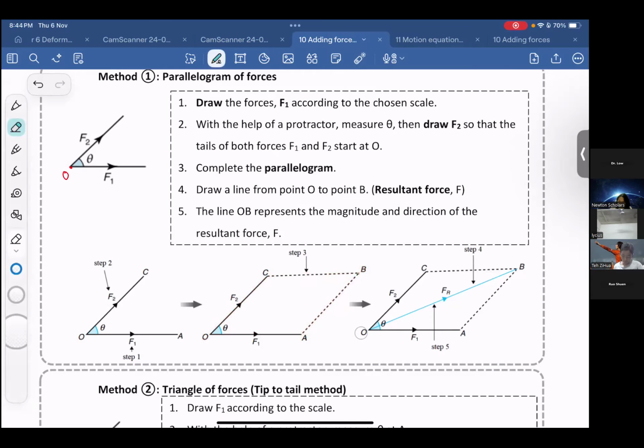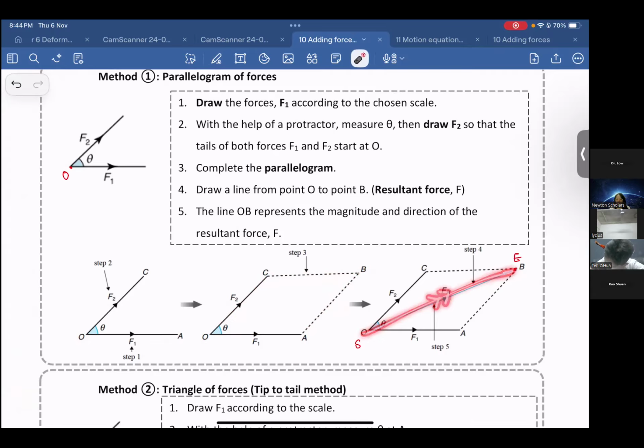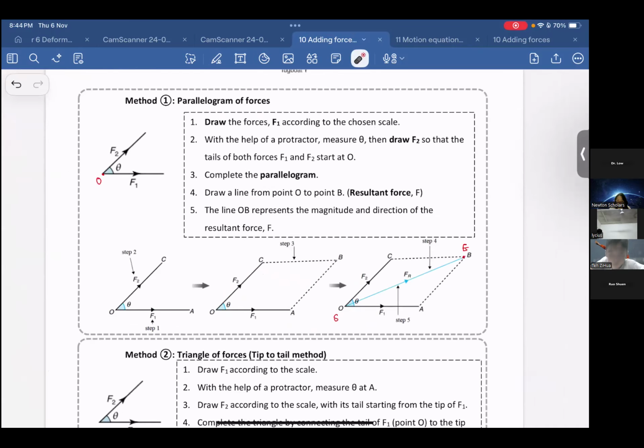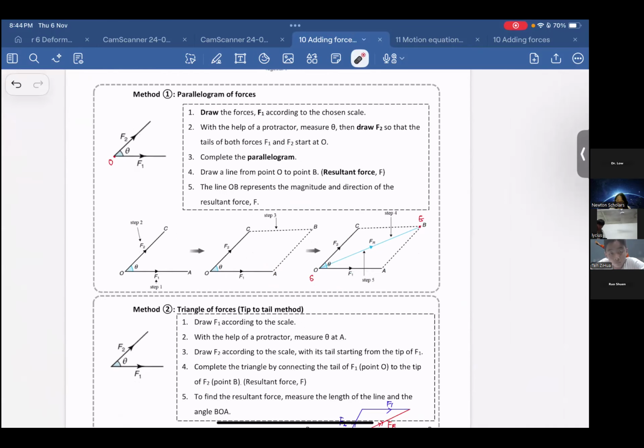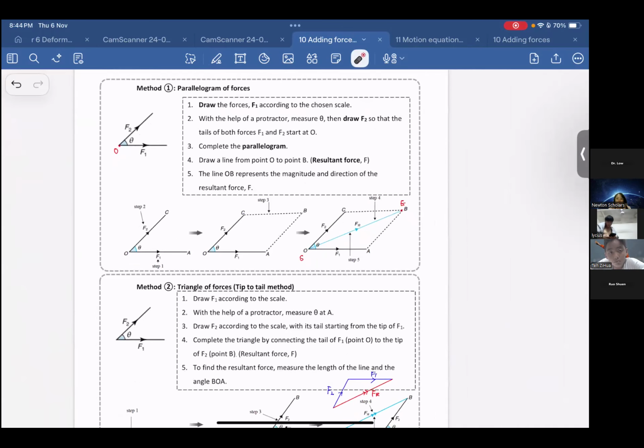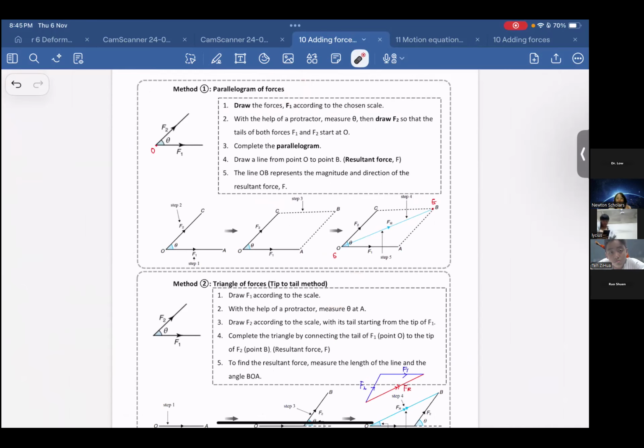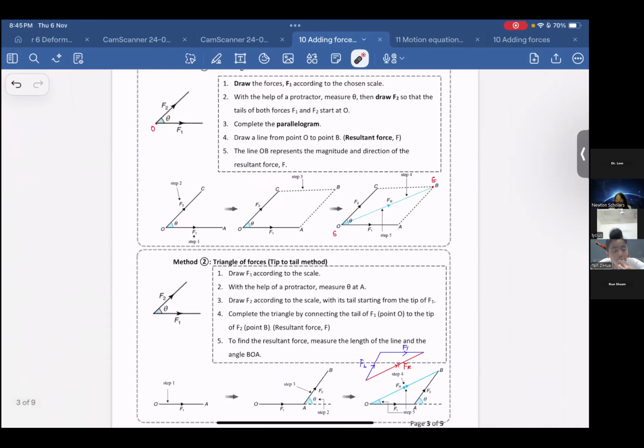So this is my starting point O. Here is their ending and their intersection point. So in between, I connect the line. This is my resultant force. No matter whether you use the parallelogram method or the tail to tip method, you will get the same answer. Because the parallelogram basically comes from the tip to tail or tail to tip method.